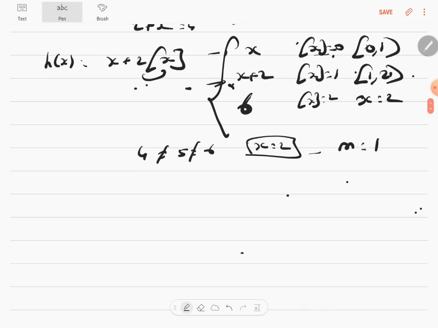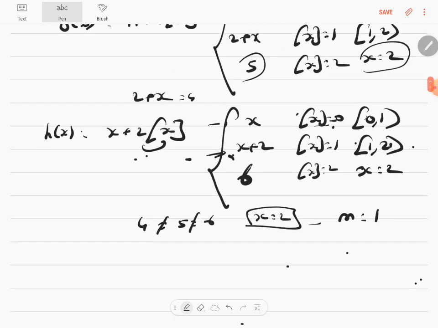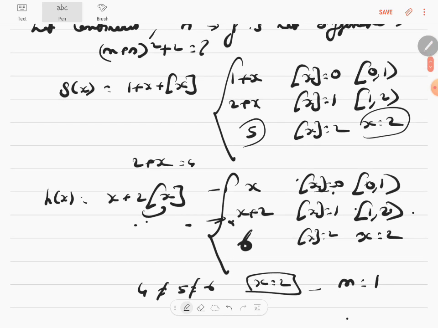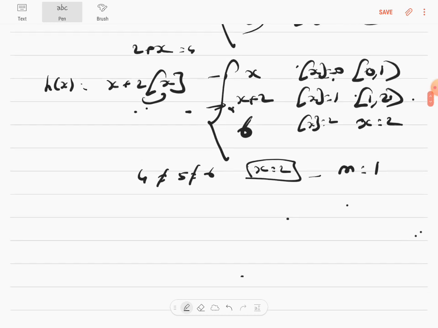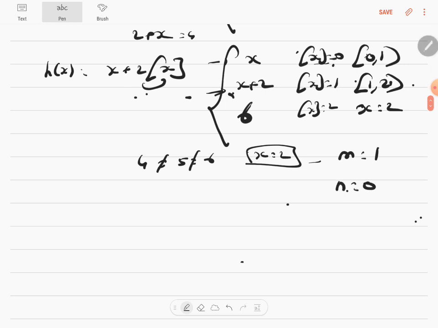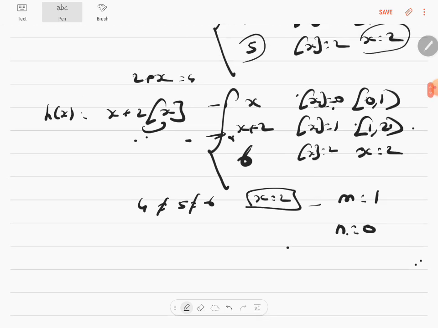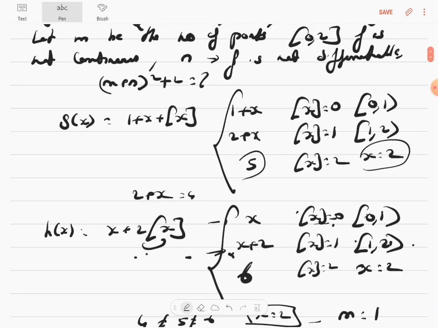And then it is about differentiability. When you're talking about differentiability, you see that every function has slope 1, so it seems to be differentiable at every point. So n is equal to 0, because it seems to be differentiable at every point.